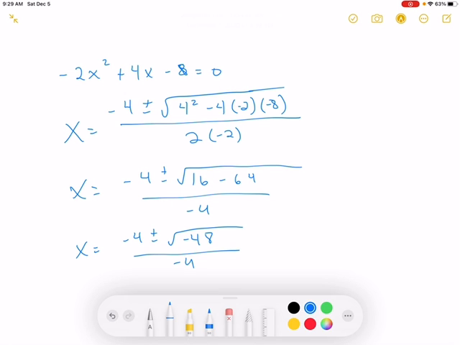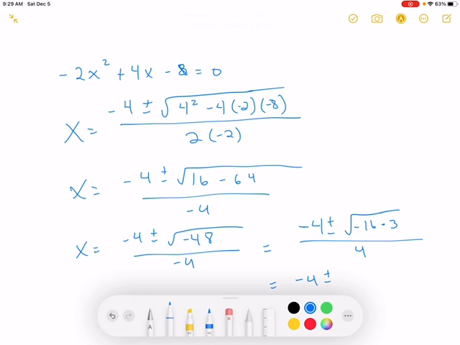You're going to try to simplify this. 48 factors that have a perfect square root. 16 times 3 is 48. I chose 16 because it has a perfect square root.